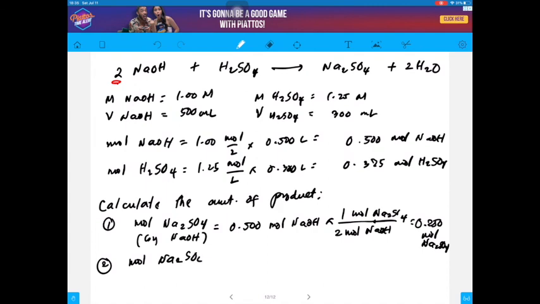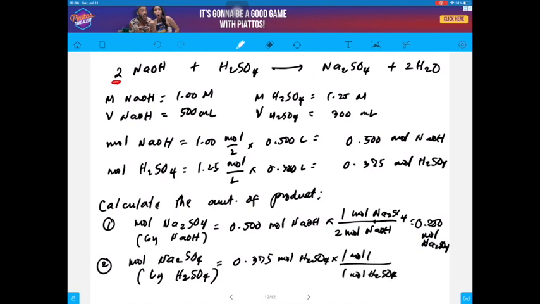Next, we can also calculate the moles of sodium sulfate by the values of sulfuric acid. We already know it's 0.375 moles of sulfuric acid, and making use of the mole ratio, we have 1:1, and we get 0.375 moles of sodium sulfate.